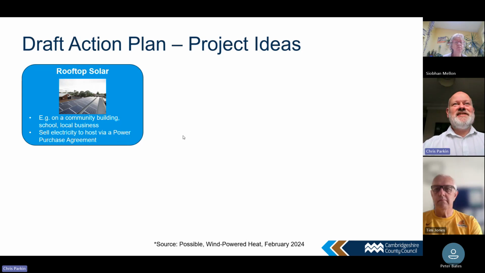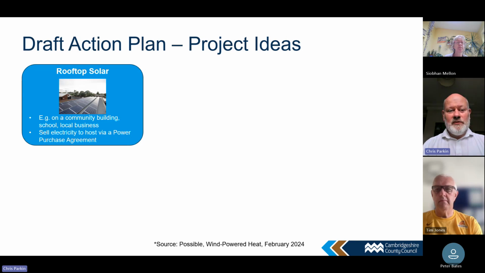So this next slide covers some potential community energy project ideas that are outlined very briefly in the draft action plan. The first of those is rooftop solar on a community building, so that might be a village hall or a community centre, but it could also be on a local school, but delivered by a local community energy group, or indeed on a local business, but delivered by community energy.